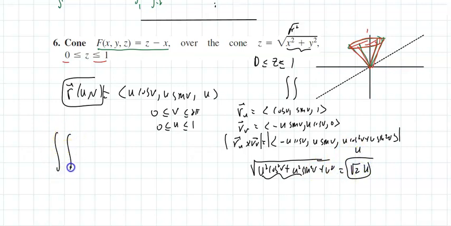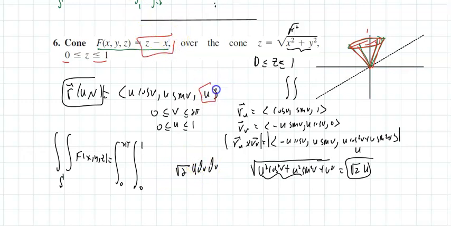So the double integral over s of f of x, y, z is going to equal the integral from 0 to 2 pi, the integral from 0 to 1, dv du, and this is going to be the square root of 2 times u, and what's z in this case? A u minus u cosine of v, and there it is.